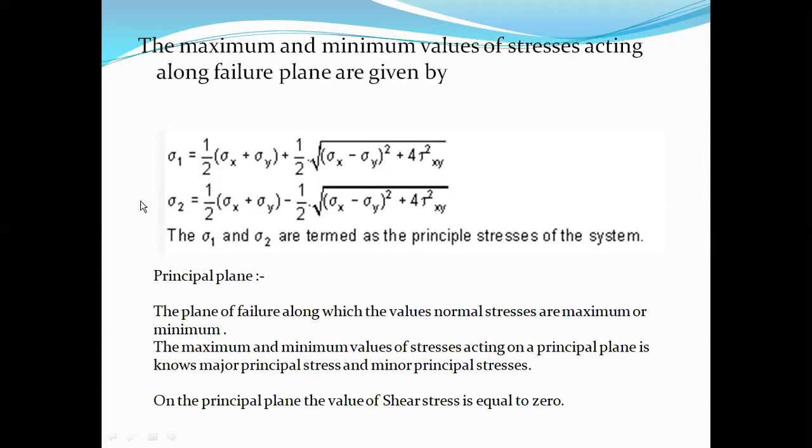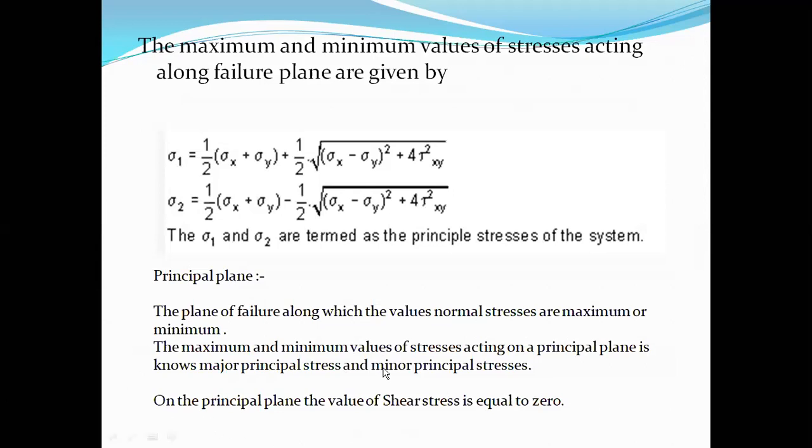Sigma 1 is the major one; in some other books people use sigma 3, but here we have used sigma 2. So sigma 1 is the major principal stress and sigma 2 is the minor principal stress, since they are the maximum and minimum stresses acting on the plane in which the normal stresses are either maximum or minimum, known as the principal plane.